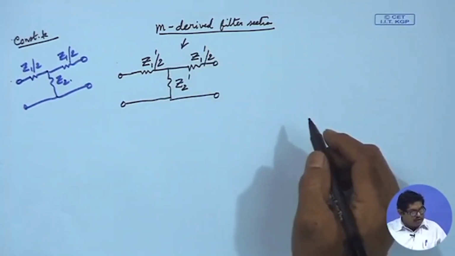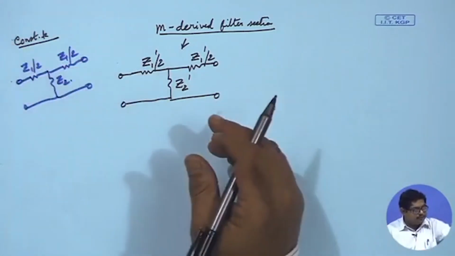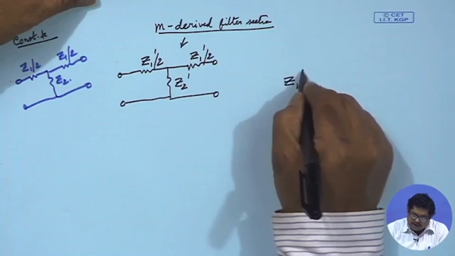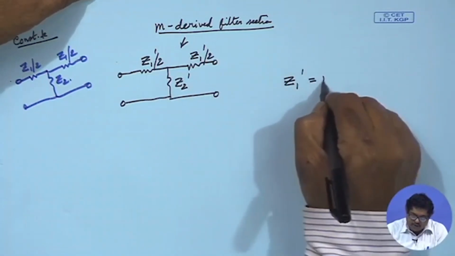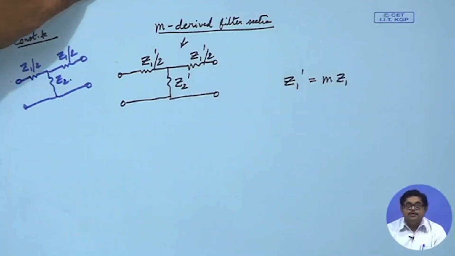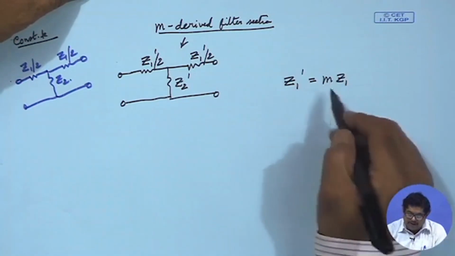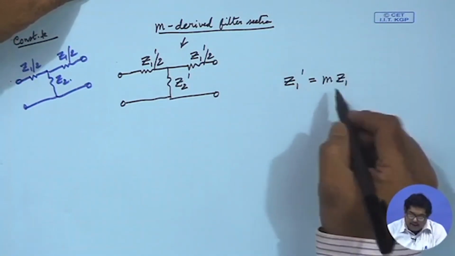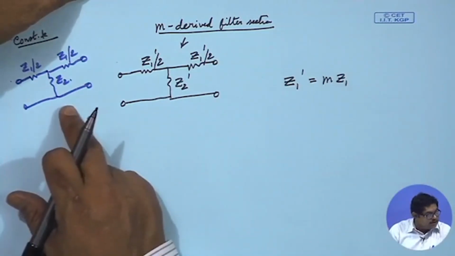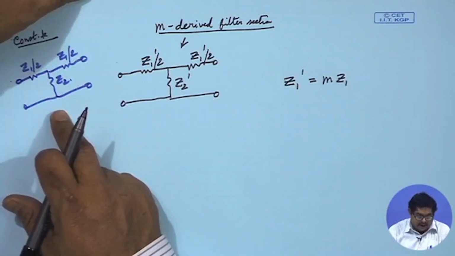So, how does this m term come? Actually, we let Z1 dashed be equal to m Z1. That means m is a parameter, we multiply Z1 dashed with this parameter, and then we want to keep the characteristic impedance the same as that of constant k.